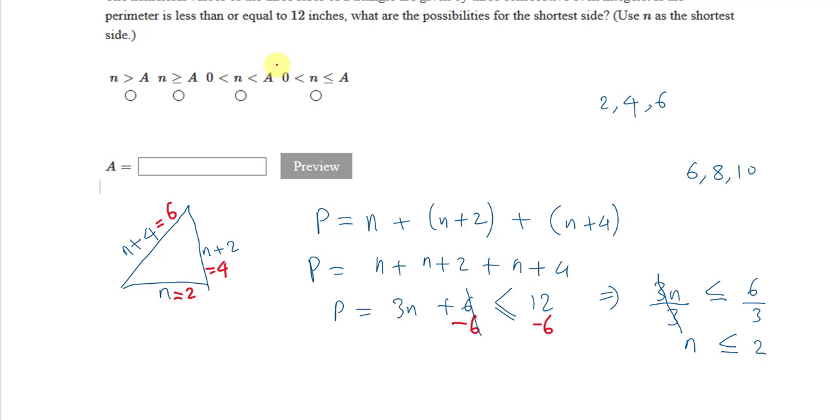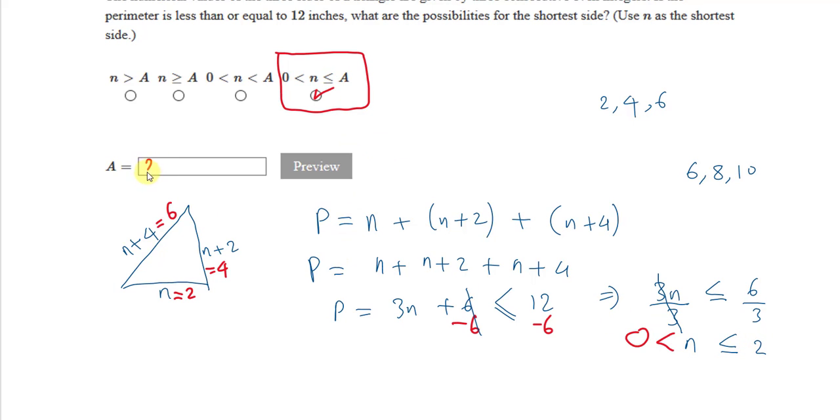The last case. N less than or equal to 2. But again, you have to be bigger than 0 because this is the measurement for a triangle, and you cannot get the measurement, the units of something, to be 0. So it has to be bigger than 0 and less than or equal to 2.